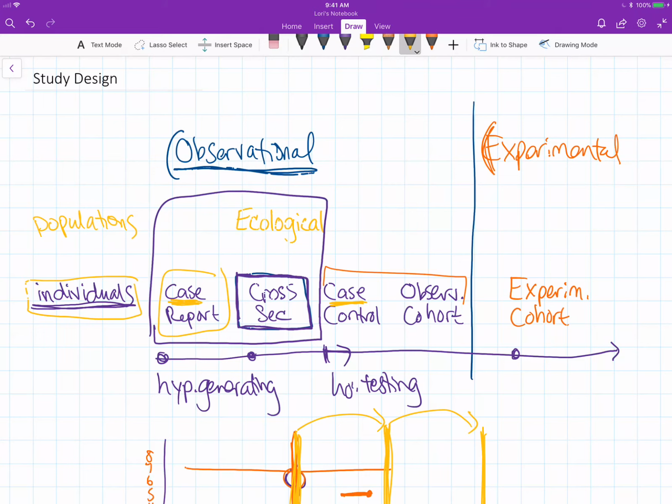A really great recent example of a case report is in the early AIDS epidemic. Back in the 80s, there were some doctors in either the New York City or San Francisco area that were noticing these very unusual cases of young men coming in with these strange diseases that usually only affected the very old, pneumocystis carinii, those kinds of things.